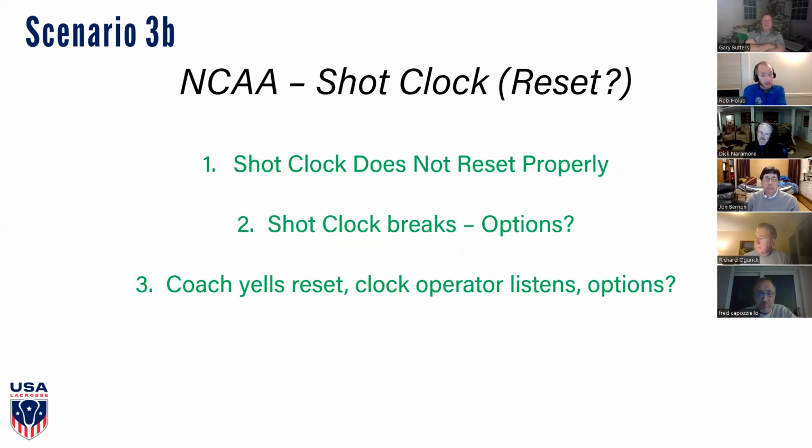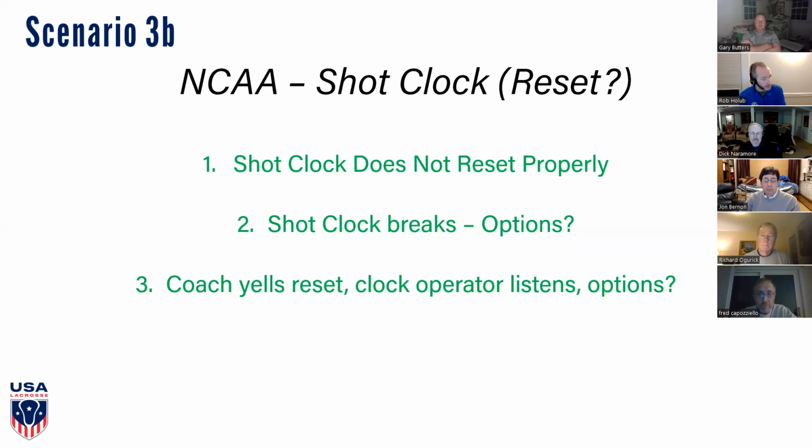The three other quick ones we got to end all of our scenarios. We had a couple good ones, right? This was in my game. The first one was if it doesn't reset, by rule, we're going to wait a maximum of 5 seconds. So once it hits, in our brains, if it were to be hitting 75, we should blow the whistle.